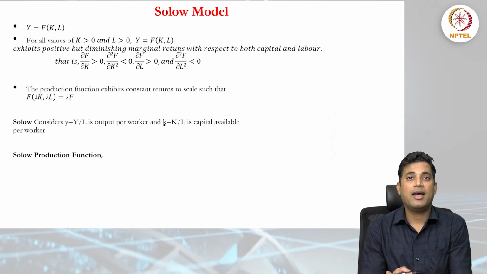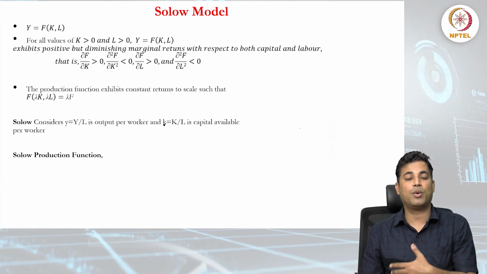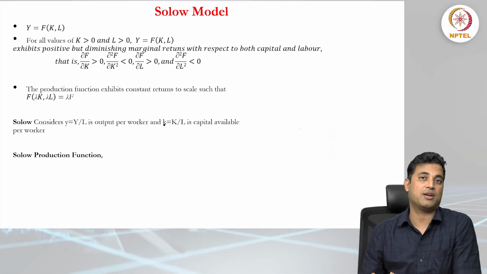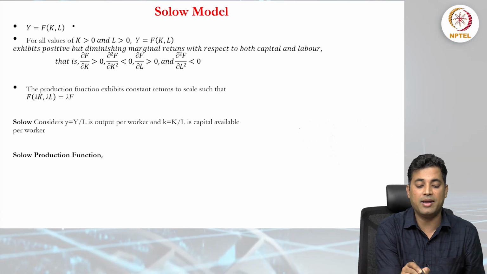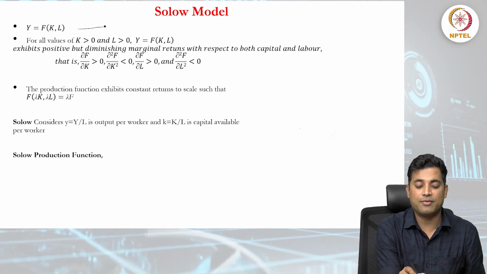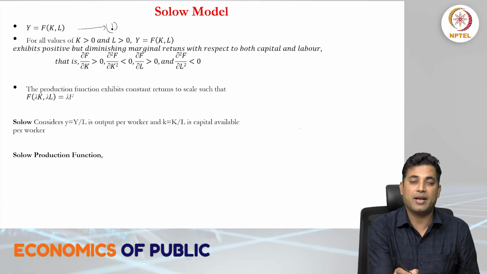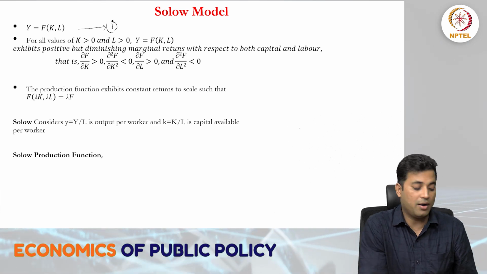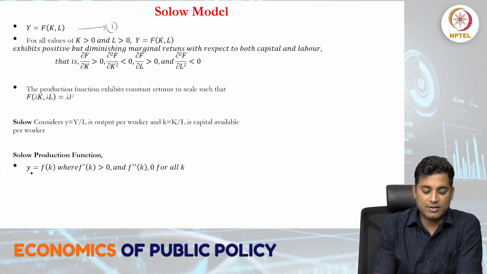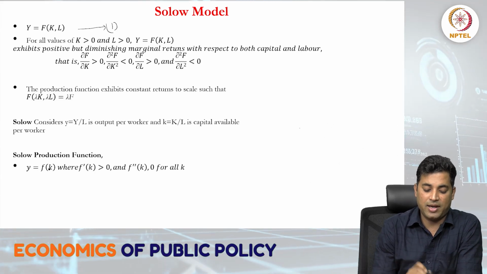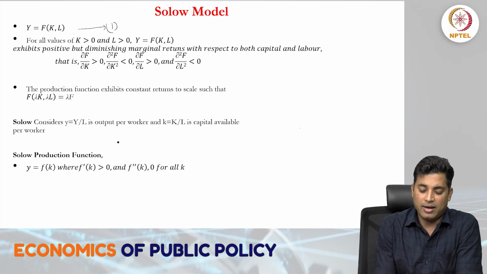So this is the assumption that Solow considers, and therefore the Solow production function will vary from the overall production function that we considered, y equals f of capital and labor. If I say that is equation 1, then the Solow equation is that small y equals f(k). I'll tell you how we arrived at this.